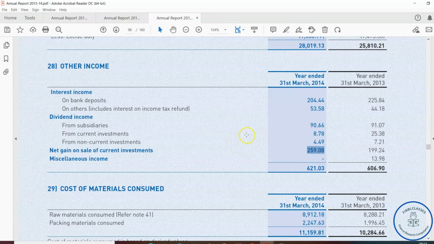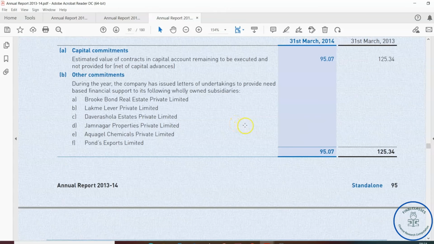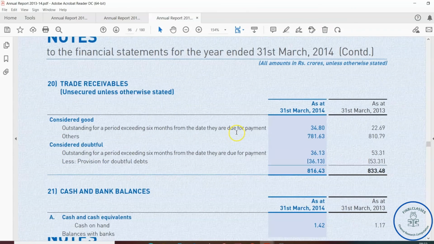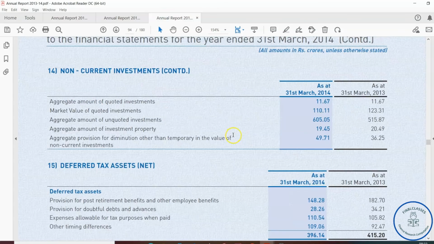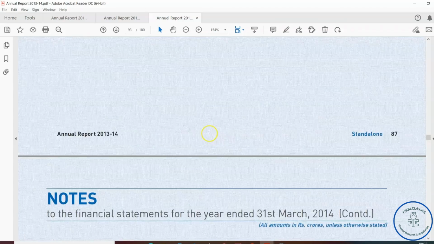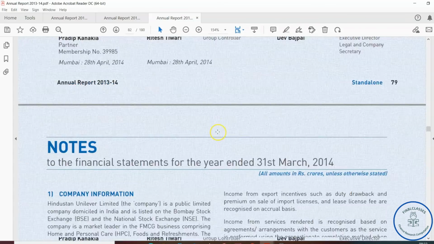Once this has been done, this will give you the revenue. The total revenue can be arrived at with the help of the products they sell and adding the other operating revenues. That is very important. That will be your total operating revenue of the company. Let us get into the statement of profit and loss.